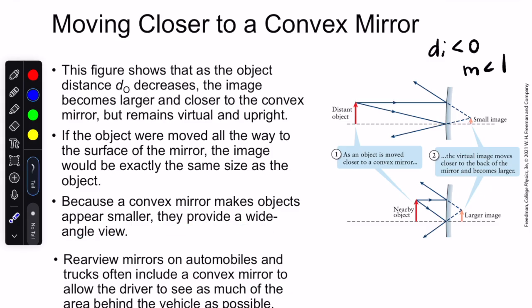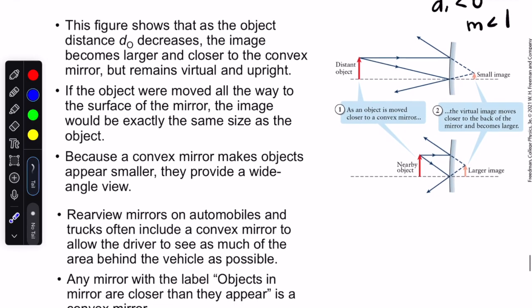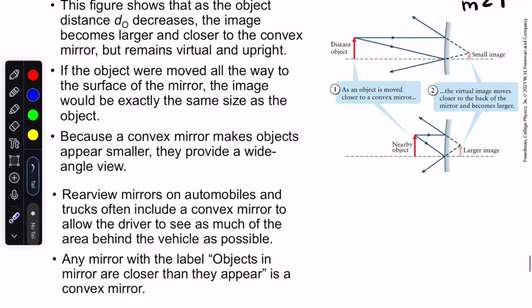And that's why we use convex mirrors in vehicles. We put them in our rearview mirror and on the side mirrors because we want a wider field of view to see behind us when we're driving, for safety. That's also why there's a label on the passenger side mirror that says objects in mirror are closer than they appear.